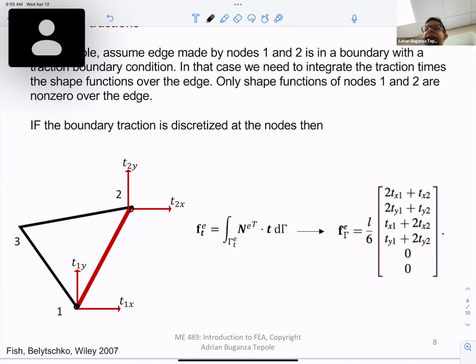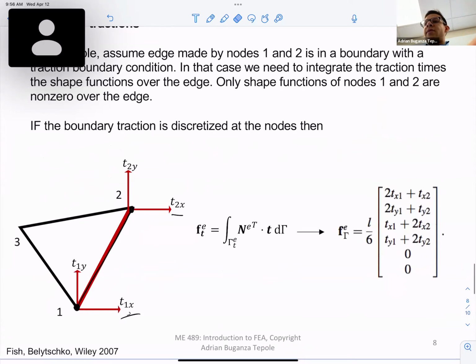For example, this edge is the edge of nodes 1 and 2, and the traction in x goes from T1x to T2x. Then node 1 carries more weight from T1x and a little bit of T2x. You can think of that as a weighted average.